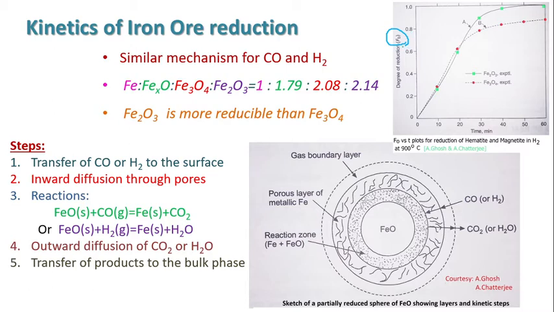That means the oxygen removed to removable oxygen. That is your degree of reduction. So from this we can calculate the reducibility, and from this volume comparison we can say that hematite is more reducible than magnetite due to formation of pores or increase in volume. Okay. So that hematite is more reducible.